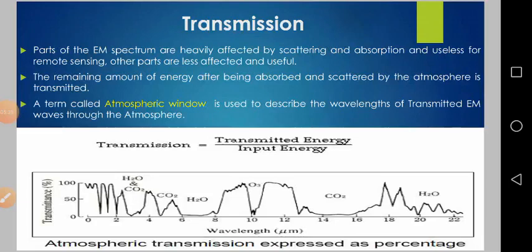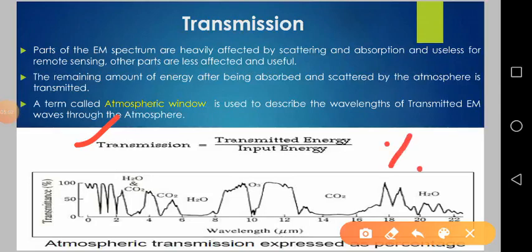This process is called transmission. Often the transmission, or the transmittance, is expressed as a ratio of transmitted energy to the input energy. That means the energy related to the electromagnetic waves, and this transmittance is always expressed in terms of percentage.